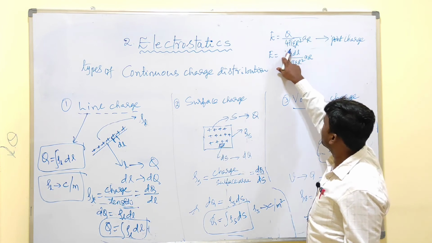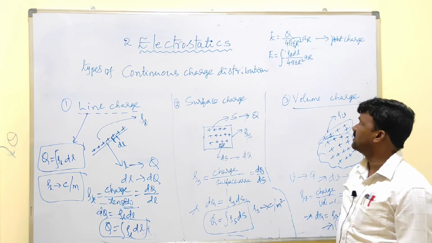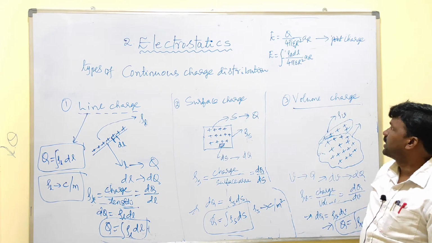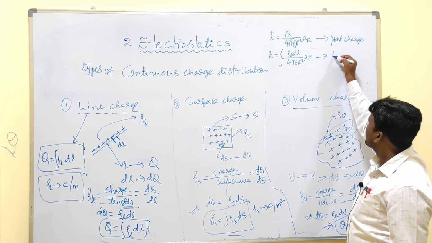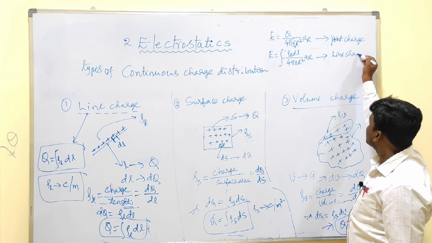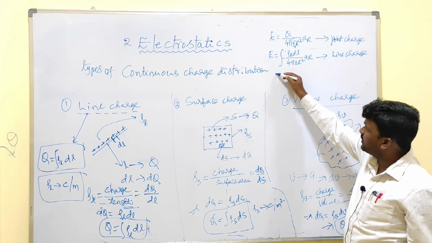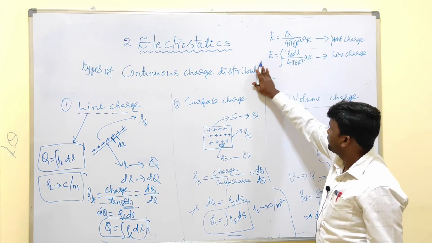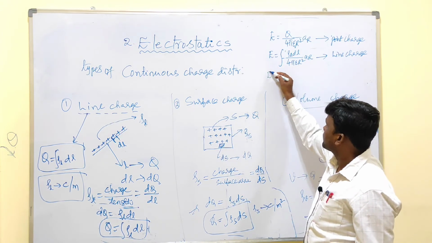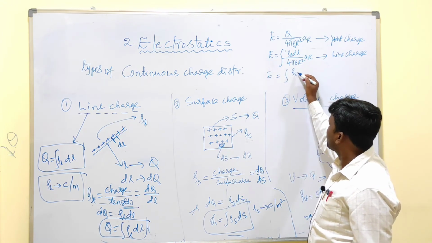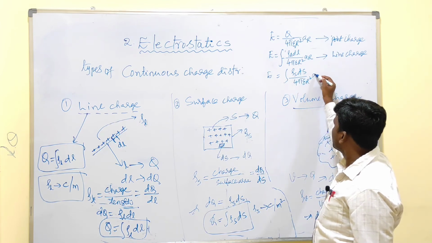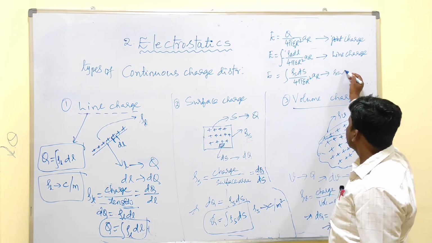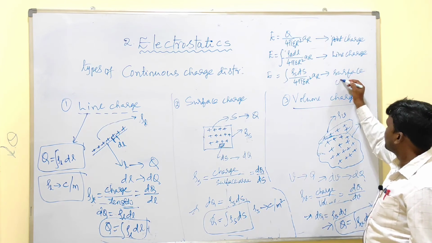It is for line charge. Similarly for surface charge, E equal to integral rho s ds by 4 pi epsilon r square AR. That is for surface charge.